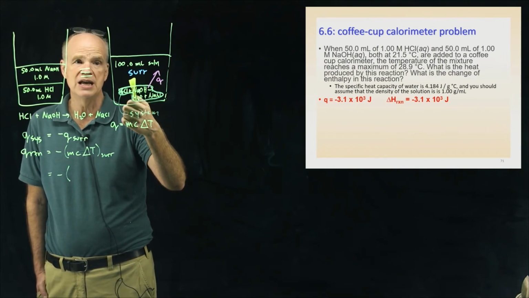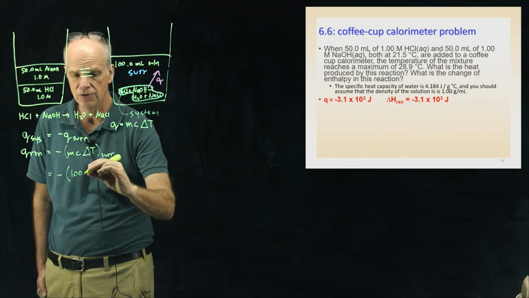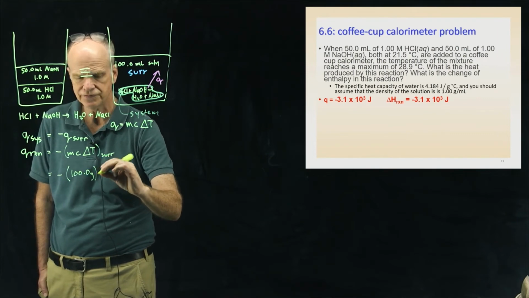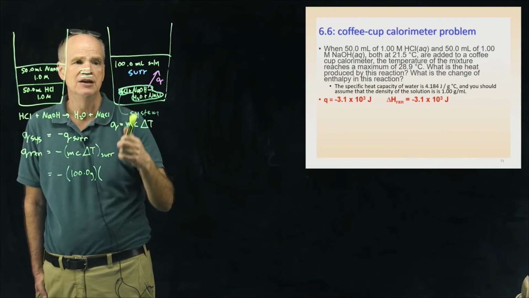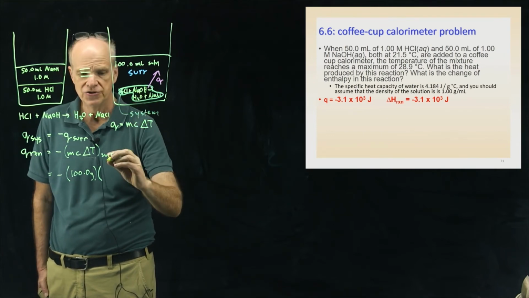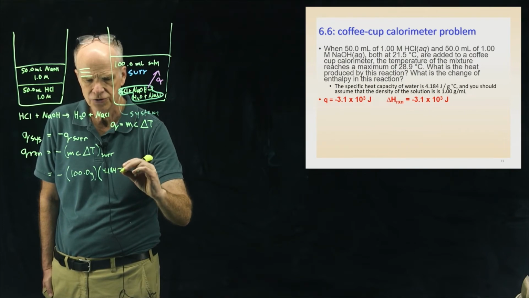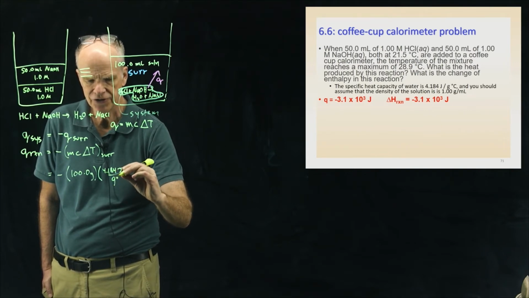So therefore, we have 100.0 grams of this solution. And so the specific heat of the water solution, we assume it to be the same as water, which is going to be 4.184 joules per gram degree Celsius.